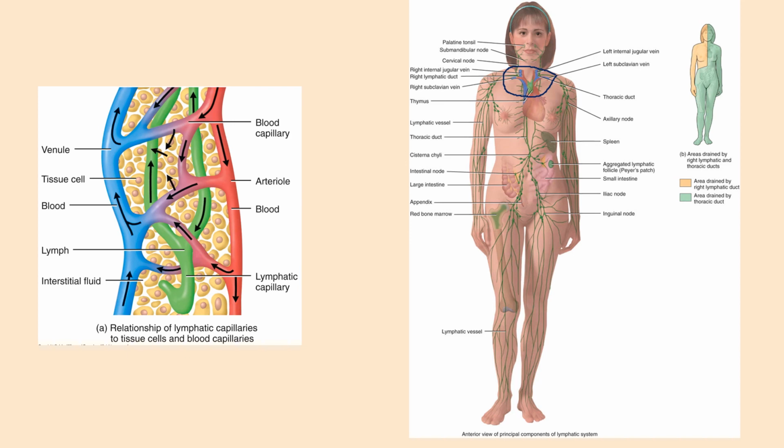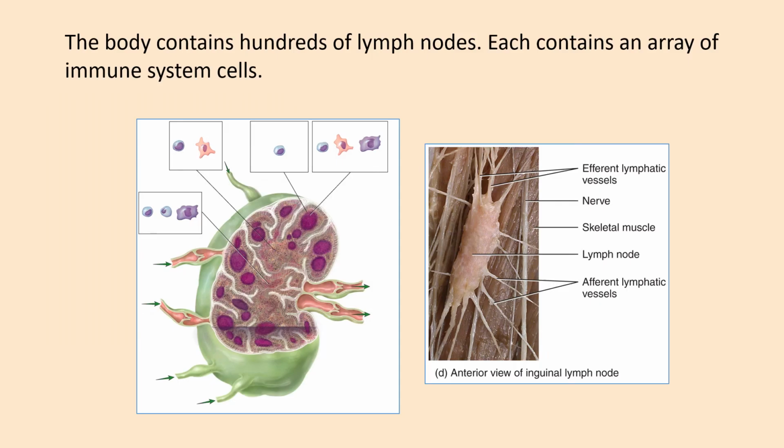And so as lymph, let's say, enters a lymphatic vessel in your leg, it moves through a series of lymphatic vessels. It moves through a series of lymph nodes where it's filtered, and it will ultimately be returned to blood plasma in your subclavian veins. So here we're looking at a lymph node.